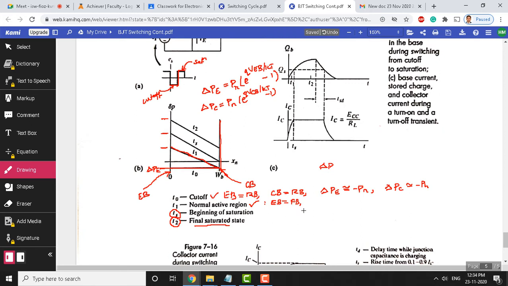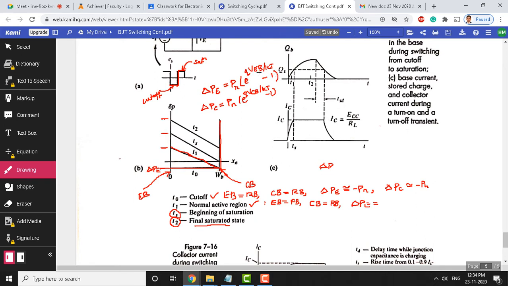Next, the normal active region: the emitter base junction is forward biased and the collector base junction is reverse biased. Delta P E is now positive, and this value becomes very large compared to 1.